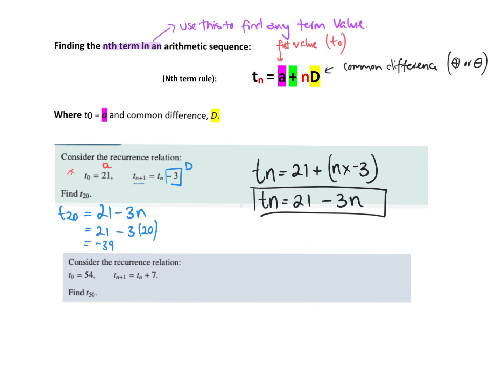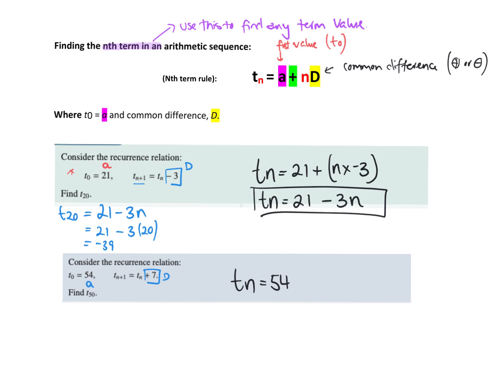Okay, so let's do the next one. So we've got, consider the recurrence relation. So they're telling me A is 54. And your D value is that +7. So because they want me to find T50, I will be much better off writing out the nth term formula. So when we are writing an arithmetic nth term formula, we write the initial number, which is 54, and then we're going to do plus n times the difference.